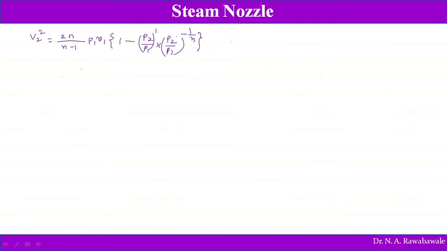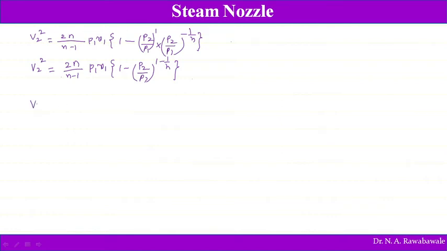On simplification, V2 square is equal to 2n divided by n minus 1 P1 V1 in bracket 1 minus, so bases are same, indices can be added, P2 divided by P1 to the power of 1 minus 1 by n, close this bracket.